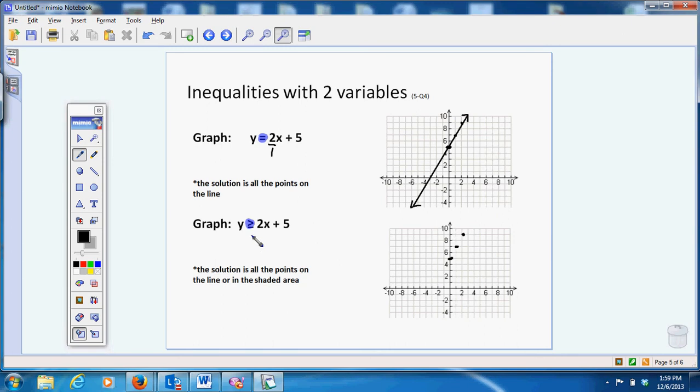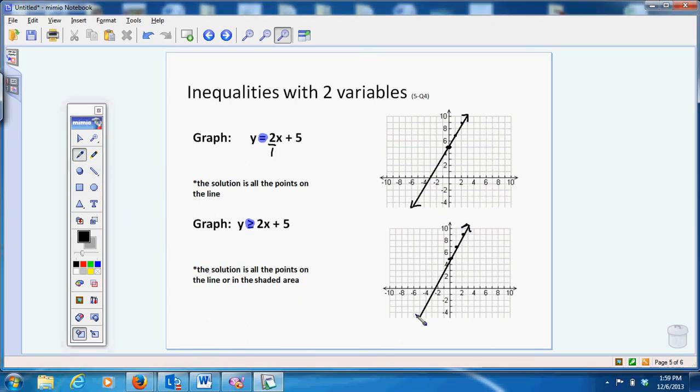Before I make my line, I have to see, do I need a dotted or a full line? And because there's an or equal to here, I need the full line. If this would have just been greater than, without the or equal to here, I would have needed to make this a dashed line.